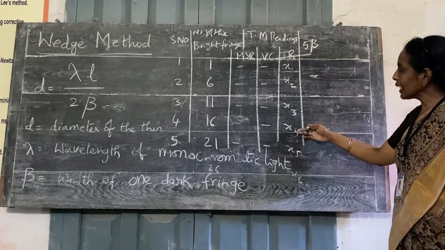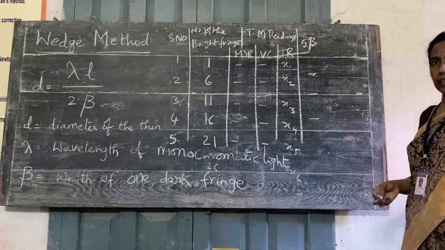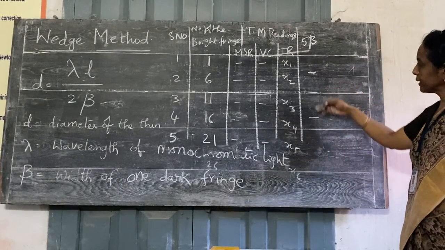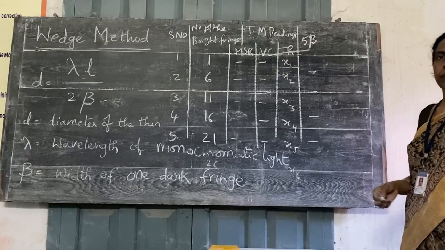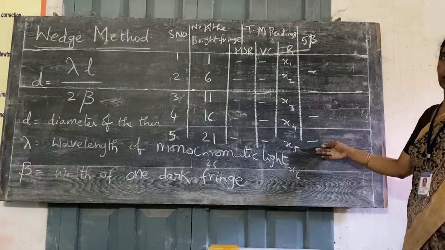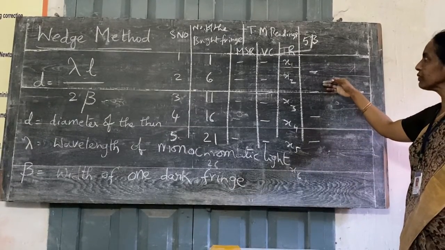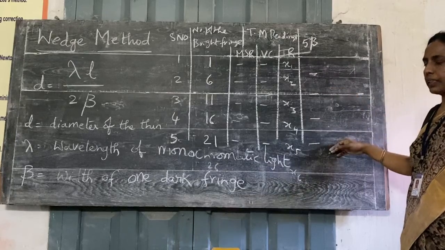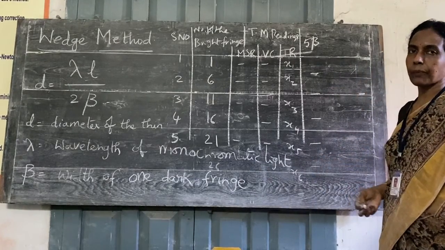Again, the difference between x4 and x3 gives another 5 beta. Like that, we will take 4 readings, or more than 4, 6, 8, like that. According to our observations, we will get the 5 beta of many readings.